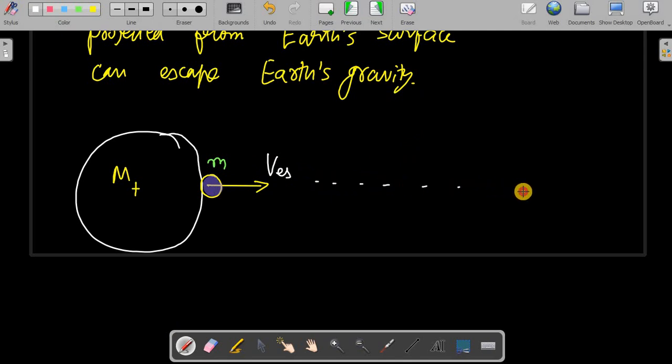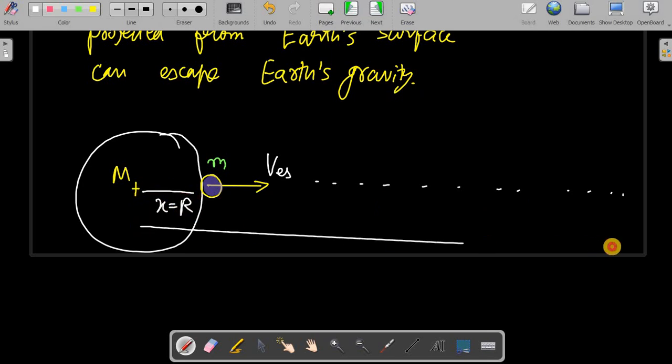So it should escape, that means it should go very far away. Right now the distance x is R, and it should go to infinity. X should become infinity. And minimum means it should stop there. After going to infinity it should not move. That means the final velocity should become 0.